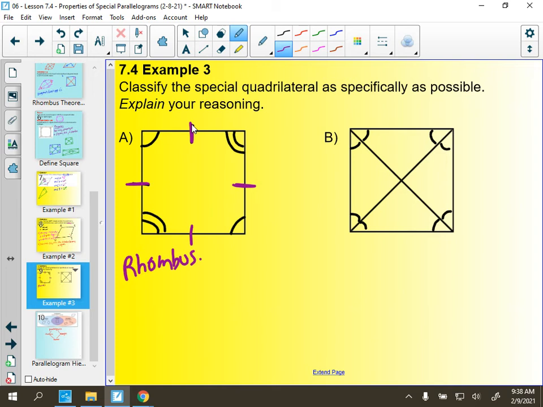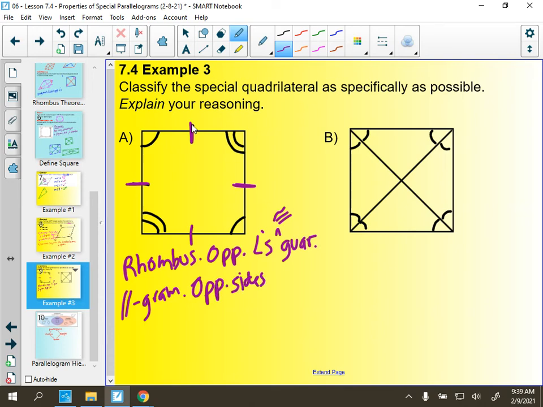My explanation is basically, let's try to summarize it and be concise. How about this? Opposite angles congruent guarantee that this figure has to be a parallelogram. Opposite sides must be congruent then.